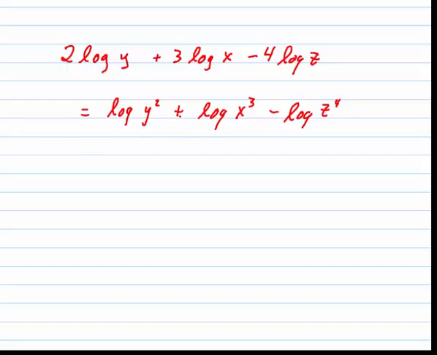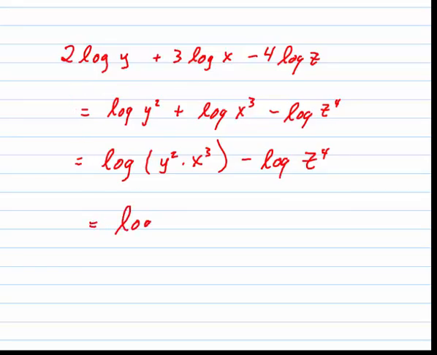Now we can do the addition here. That's equal to log of y squared times x cubed minus a log of z to the 4th, and the minus we'll bring down. So contracting that to one logarithm, that's going to be the log of y squared x cubed divided by z to the 4th.